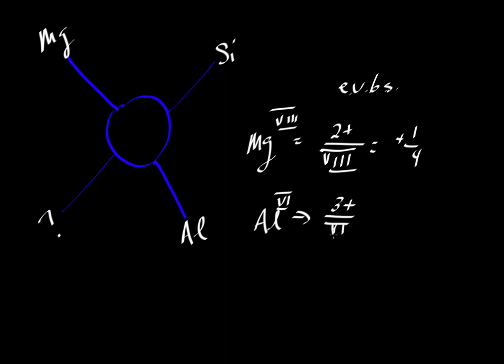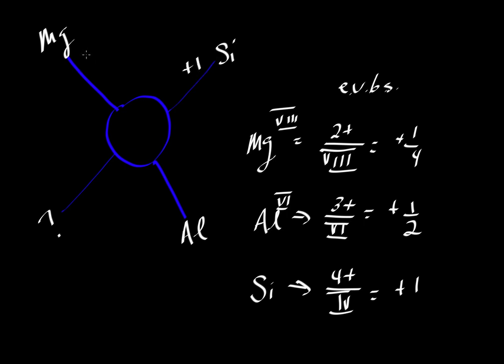So 3 plus charge divided 6 ways means there is only a half a positive charge per bond. And then silicon in 4-fold coordination, it's got a 4 plus charge. Divide that amongst 4 bonds, and then each bond will get a +1 charge. So for silicon, we've got a +1. Magnesium, each bond gets a quarter charge, and for aluminum, each bond gets a +1/2.